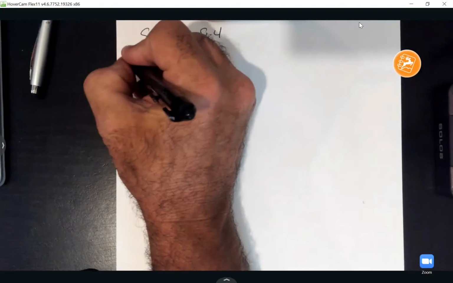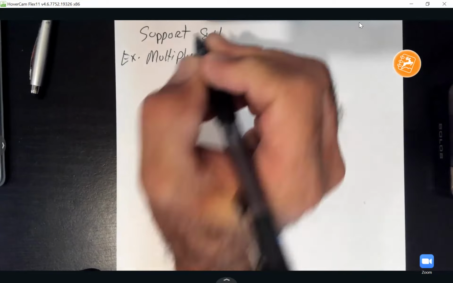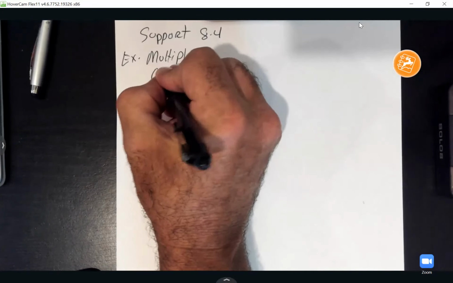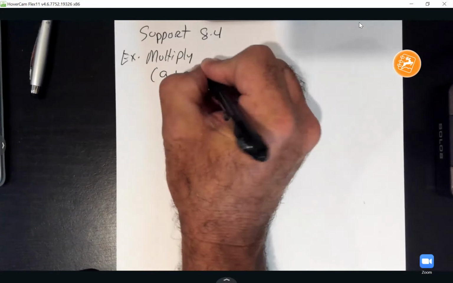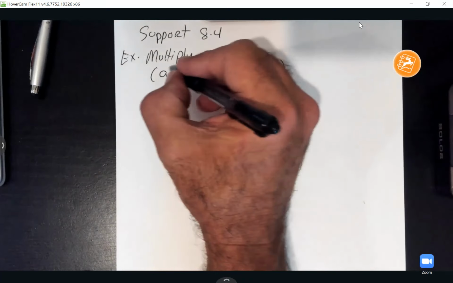So you're going to have examples like this one, and it says multiply. They've got a plus p times a squared minus ap plus p squared. So multiply the a times all three of these, then we're going to come get the p times all three of these. So here we go.